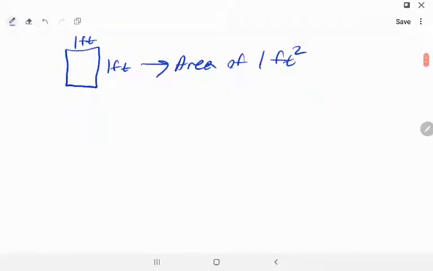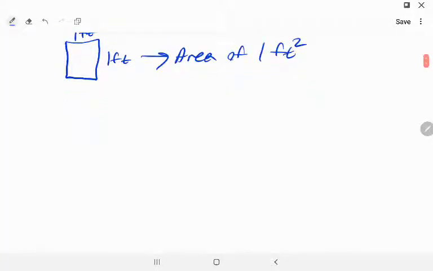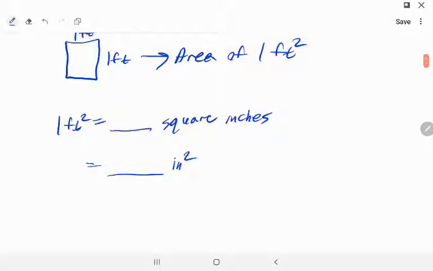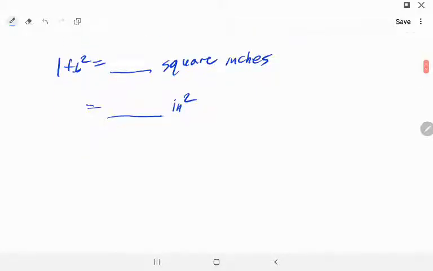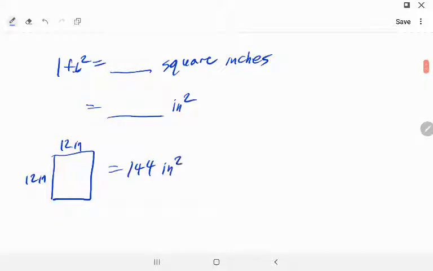If we wanted to convert from, say, 1 square foot to blank square inches, how can we do it? We can write it as square inches or inches squared. We have to rewrite that 1 foot as being 12 inches by 12 inches, and that's going to wind up being 144 square inches.